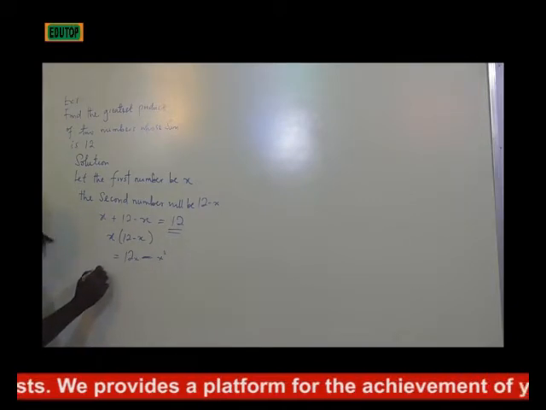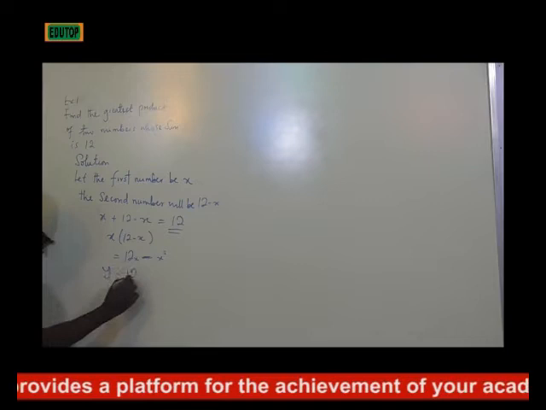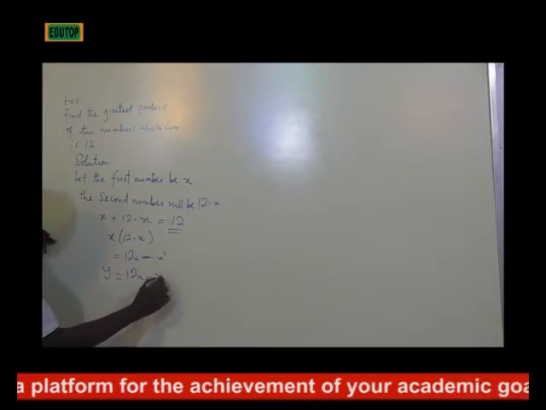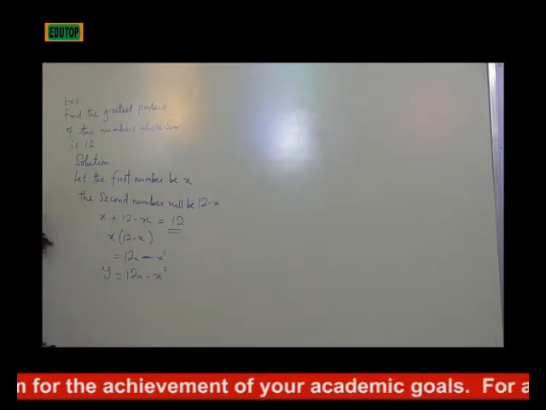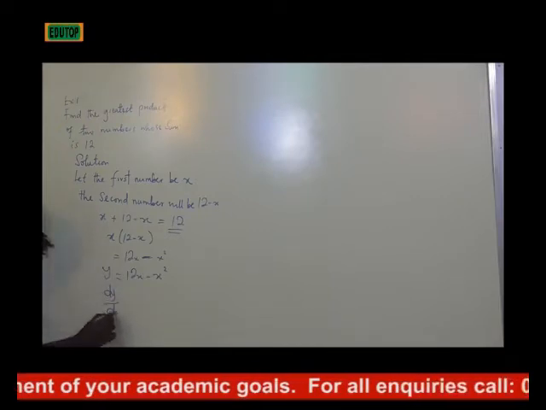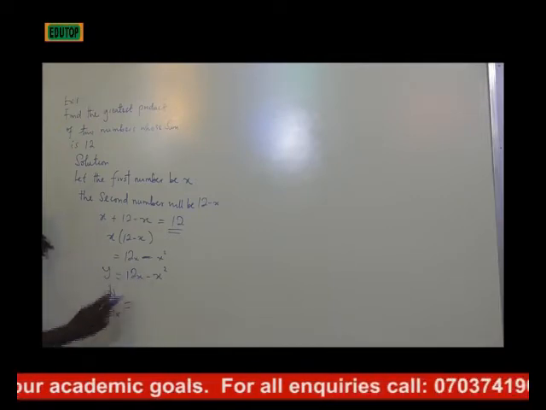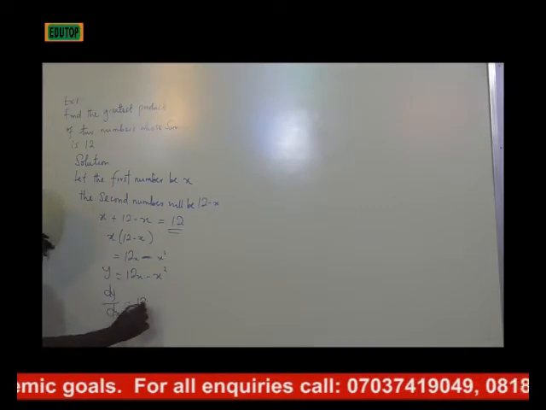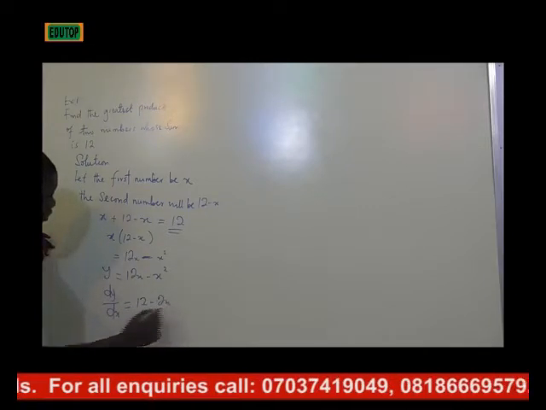So let's assume that our y is 12x minus x squared. So we are to find y in terms of x. We differentiate this and we are going to have 12 minus 2x.